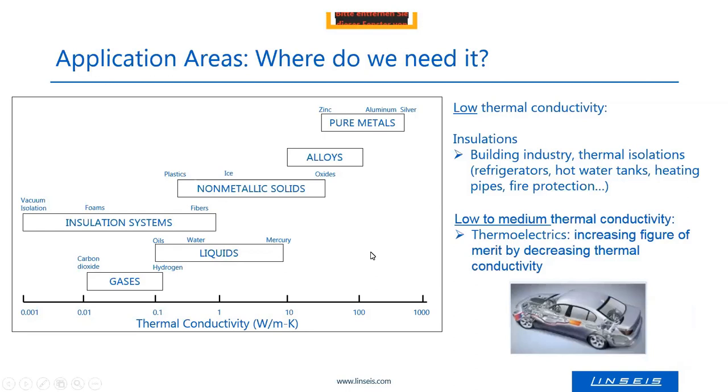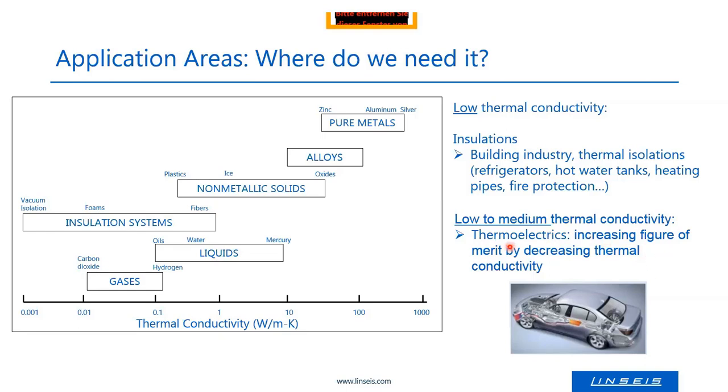Then a special application where you want to have medium thermal conductivities are thermoelectric materials. Thermoelectric materials are materials when you apply a temperature change to them, then they can transfer the heat energy into electrical energy. And the goal is to increase the figure of merit, which is an efficiency factor.